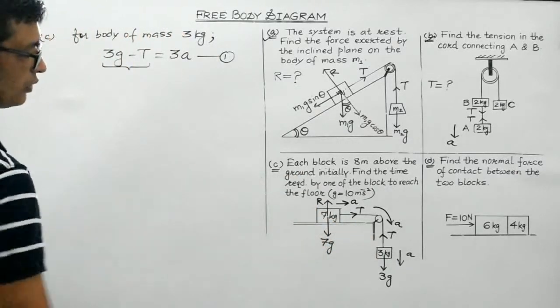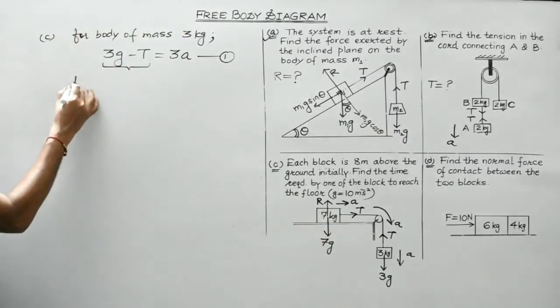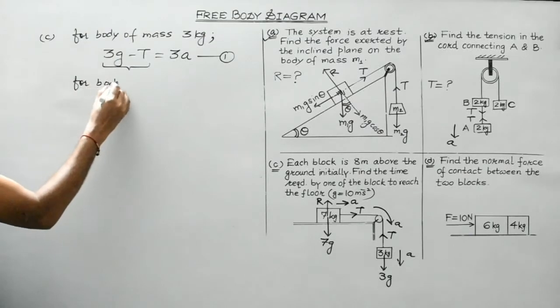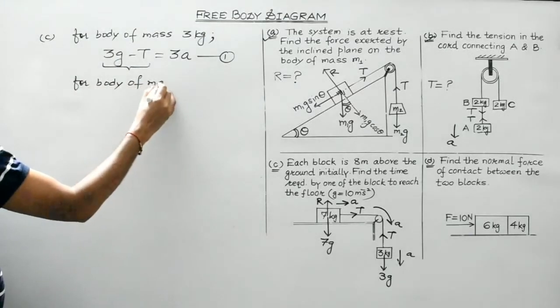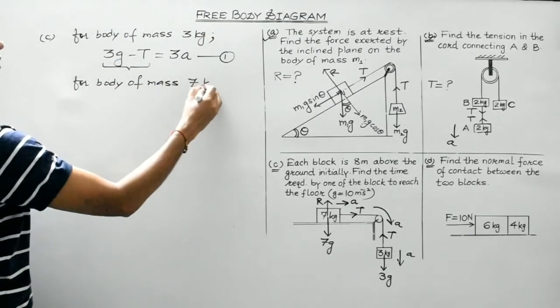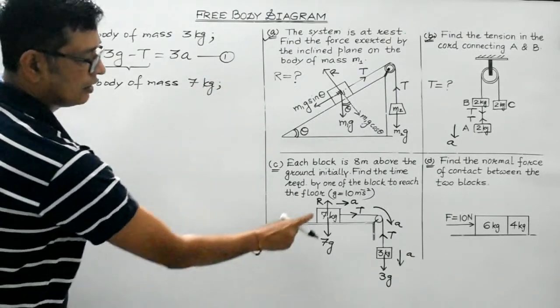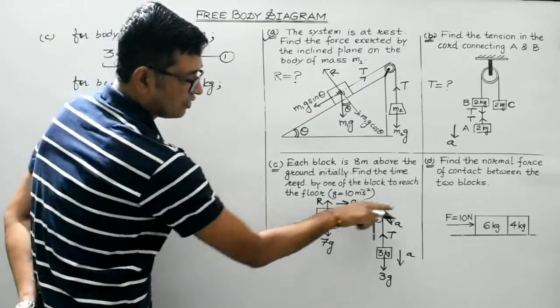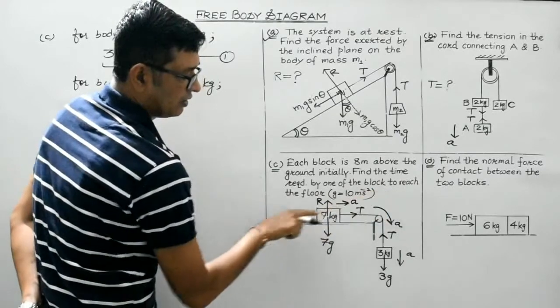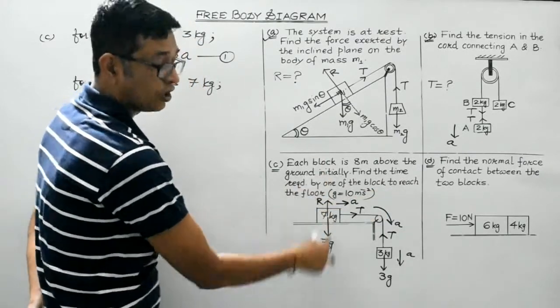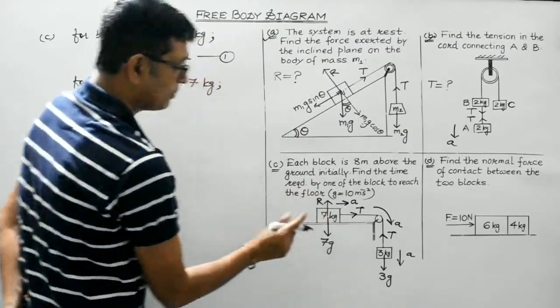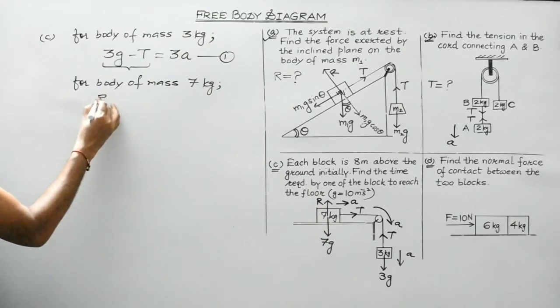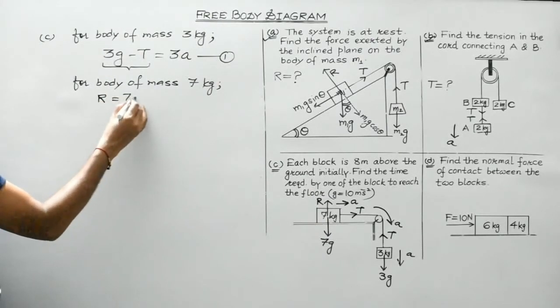Now let's consider the equation for the body of mass 7 kg. Right? Now look, this body is having acceleration towards the right. In the vertical direction, it's not having any motion. So R must balance 7g.